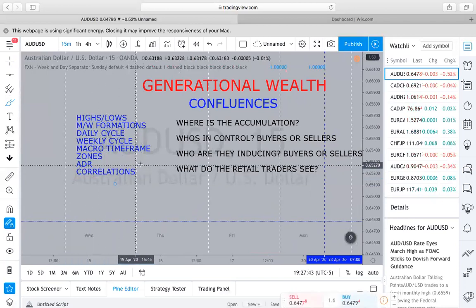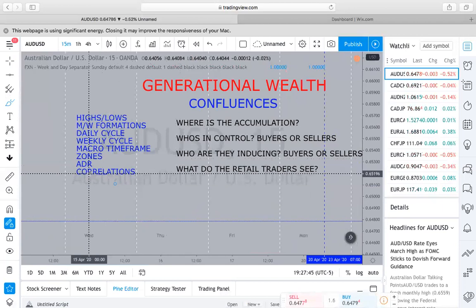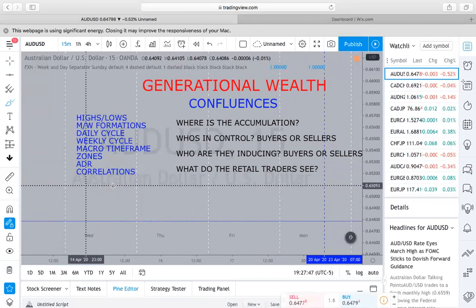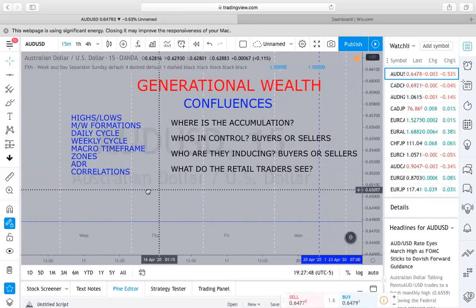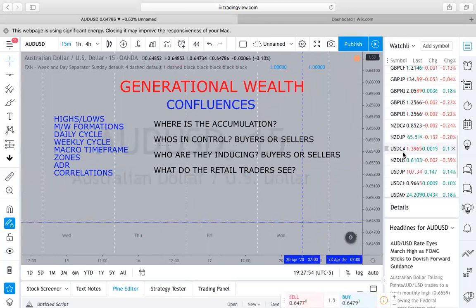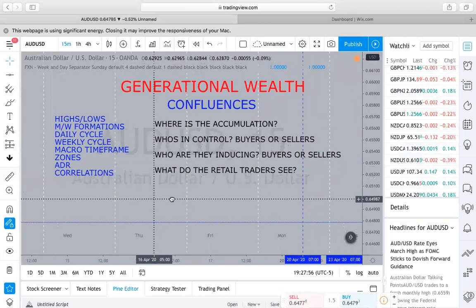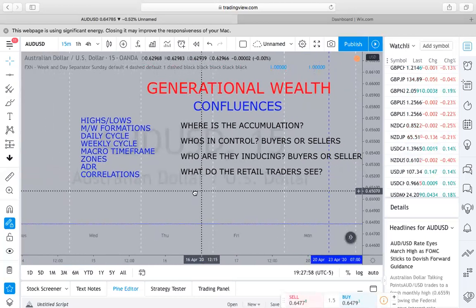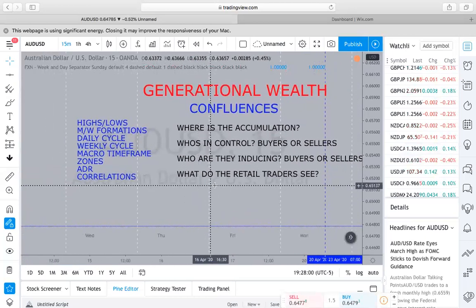Correlations will help you a lot when trading, just like studying the DXY and knowing its correlations, because then you know what the dollar index is doing.